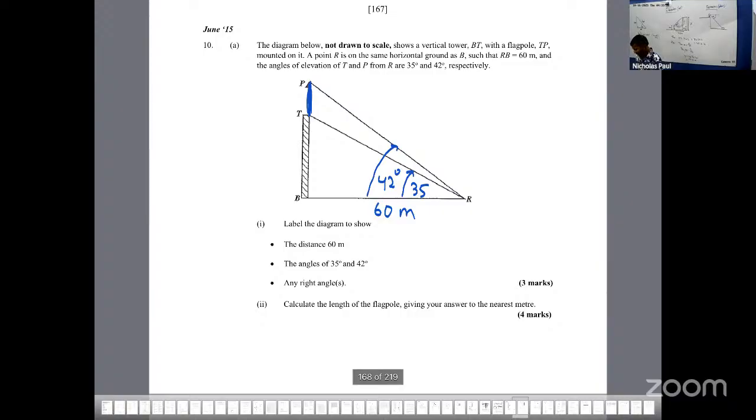Where do you need to find the features? This is BP. So did you find this? Anybody have it? Okay.